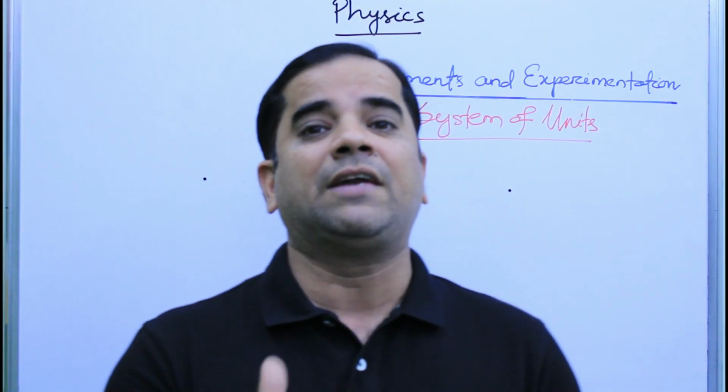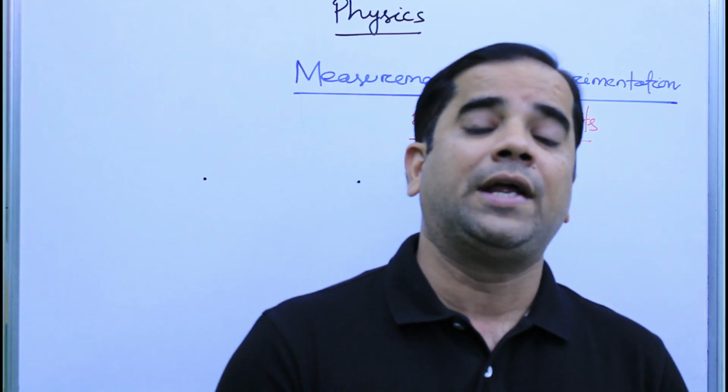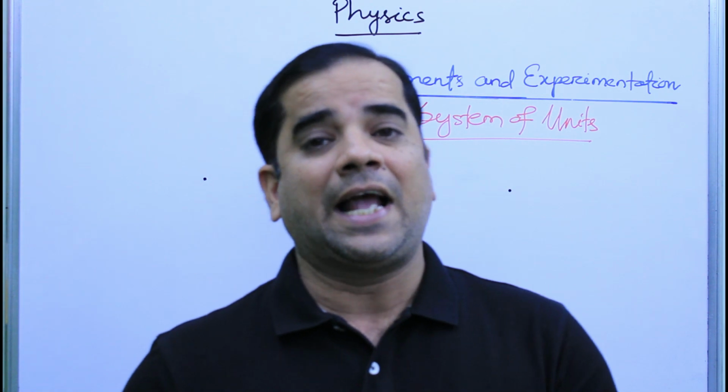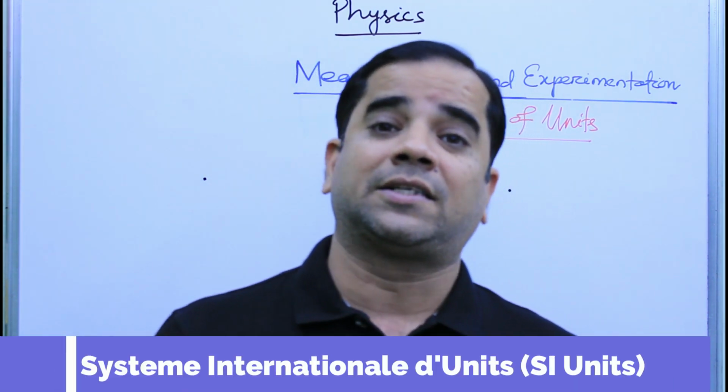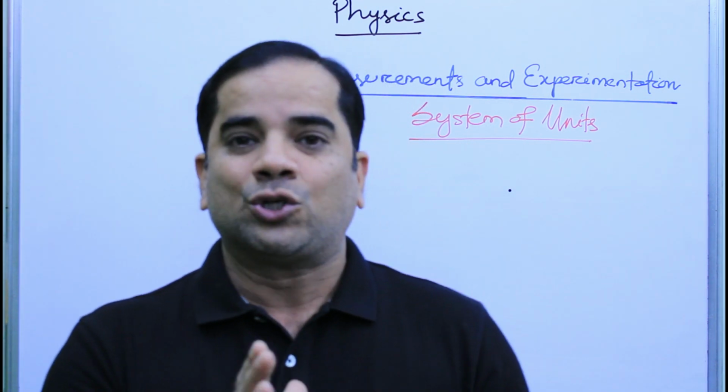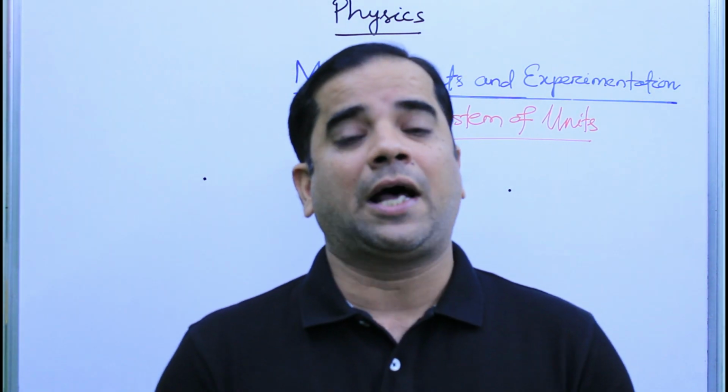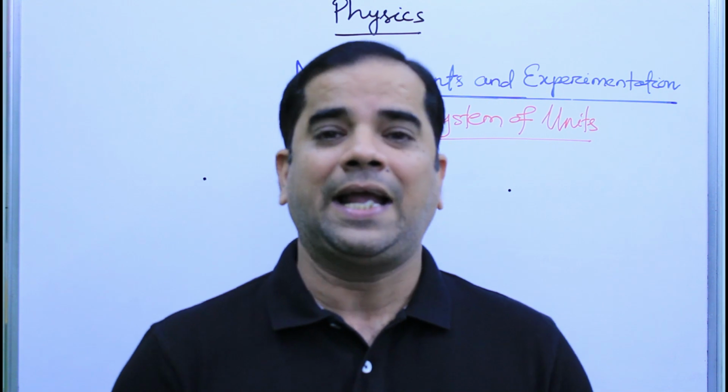So these 7 fundamental units are now included in the SI unit. What is SI unit? That is Systeme Internationale de Units. Okay. So the following table shows us the details about the SI unit.